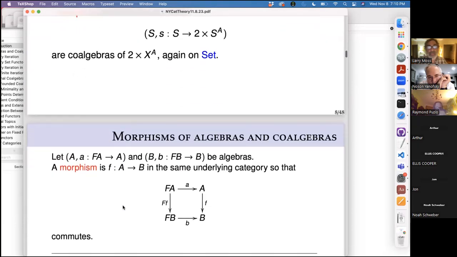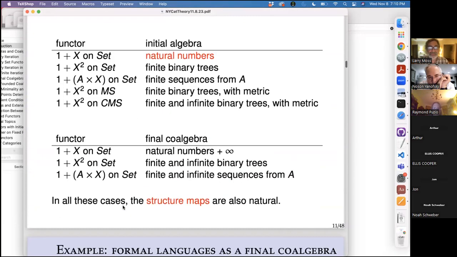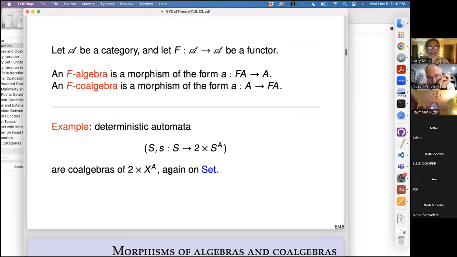so what is going to be a coalgebra? A coalgebra is going to be a morphism of exactly this form. I called it automata here, and you should think about S as the set of states of a deterministic automaton. So what is a deterministic automaton?